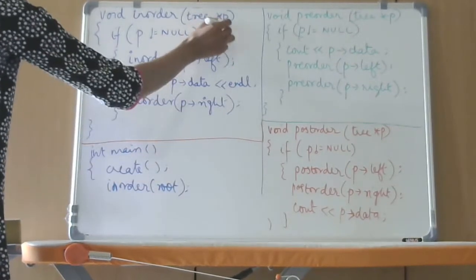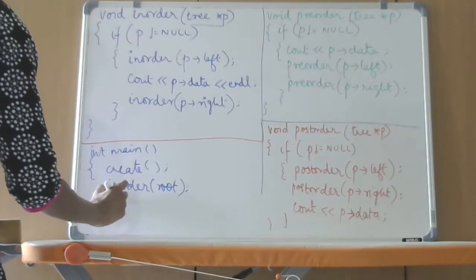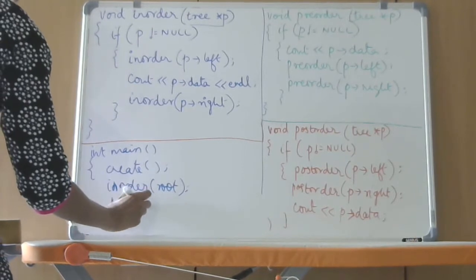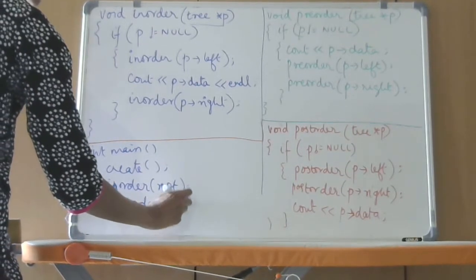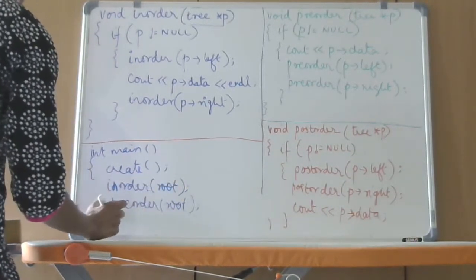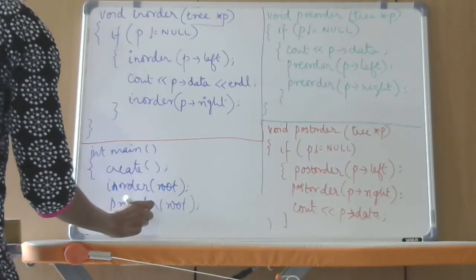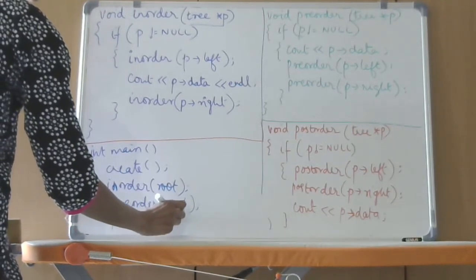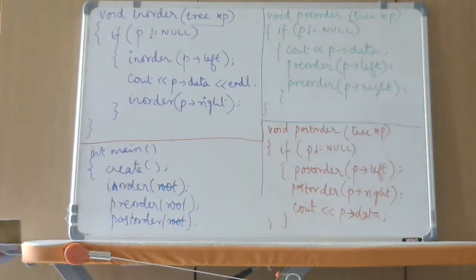In-order of root will get called, and then I can call pre-order of root, and then post-order of root. This would be your return 0, of course. This would be your main function.